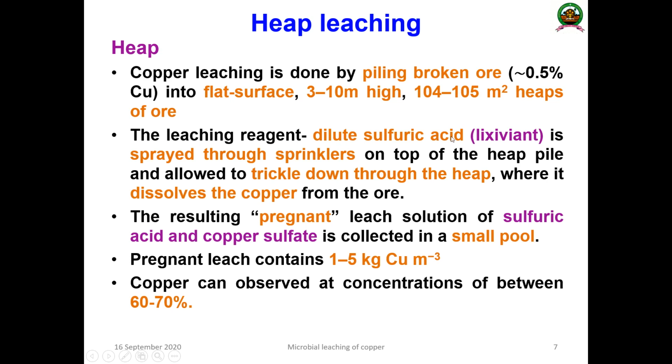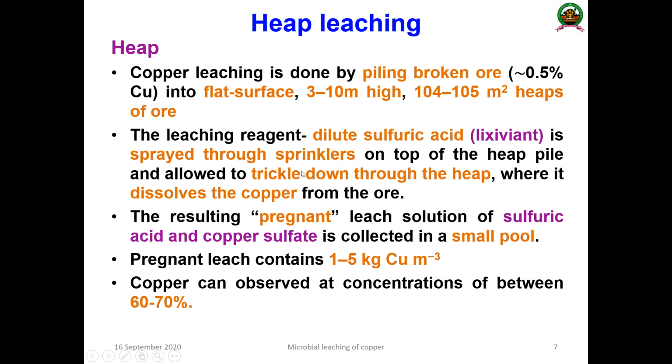The dilute sulfuric acid, the lixiviant, is sprayed through sprinklers on top of the heap pile and allowed to trickle down through the heap, where it dissolves the copper from the ore. That is the first step.